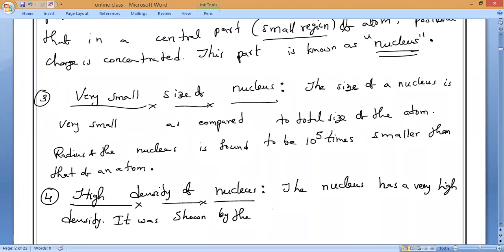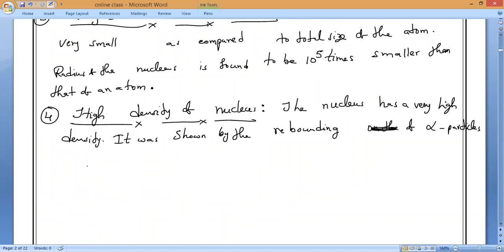It was shown by the rebounding of alpha particles, as it does not allow alpha particles to pass through it.